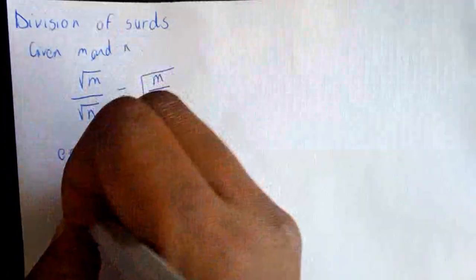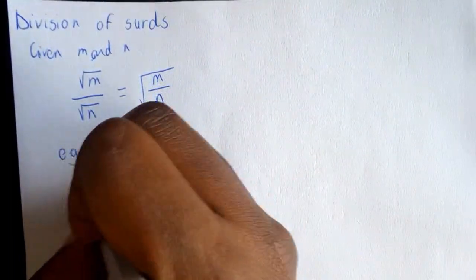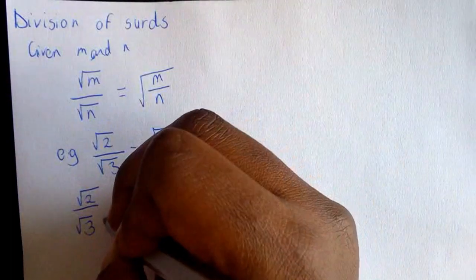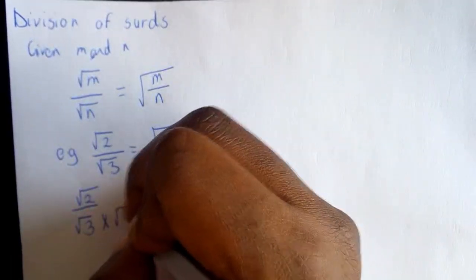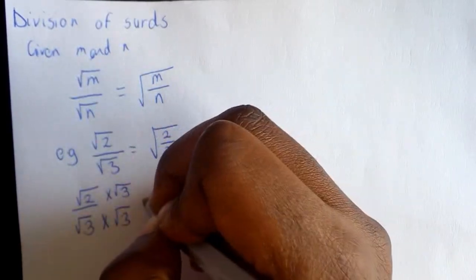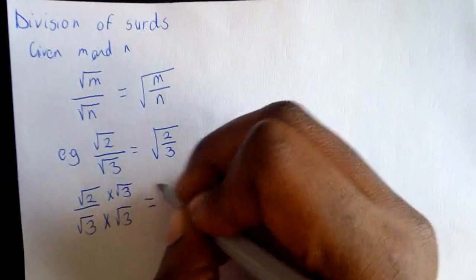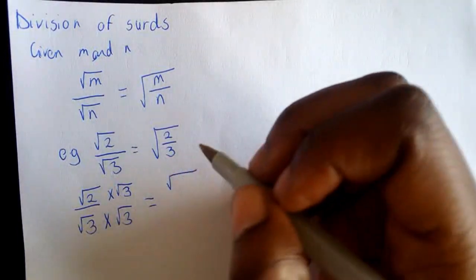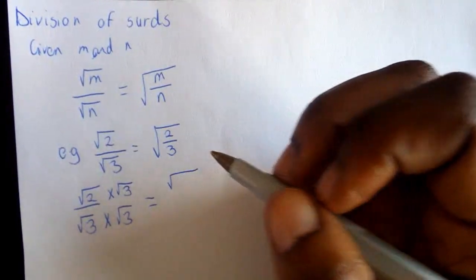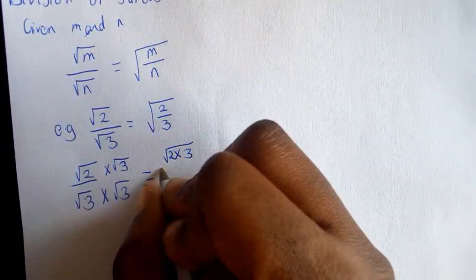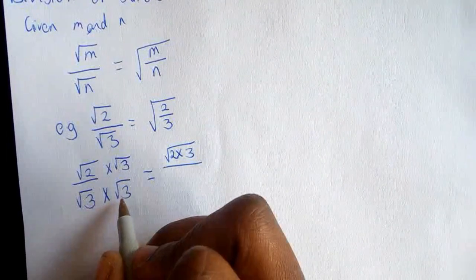So given the square root of 2 over 3, how do we rationalize the denominator? The square root of 2 over the square root of 3. We multiply the top and the bottom by the square root of 3. This becomes the square root of 2 times the square root of 3 according to our rules on multiplication, the square root of 2 times 3 over root of 3 times root of 3.